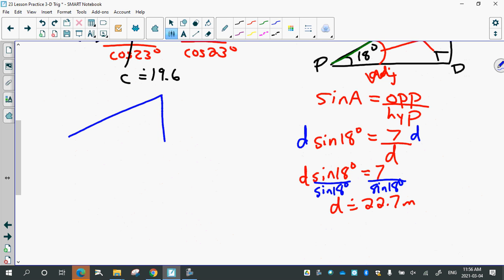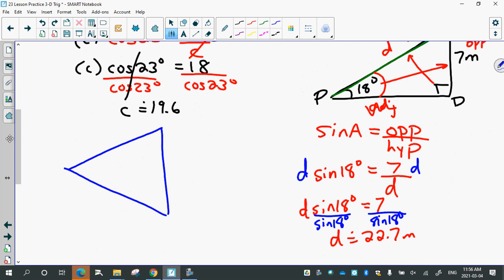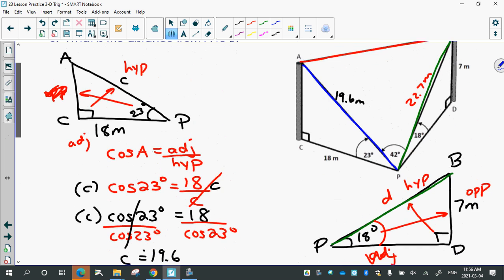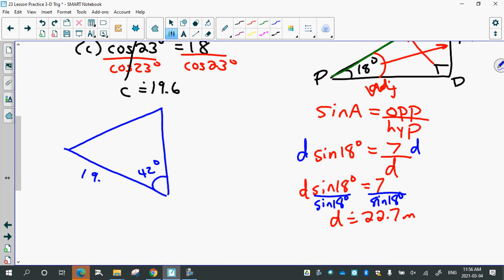So it looks like this, where we know this is 42 degrees. This is 19.6 meters. This side is 22.7 meters. And this is actually what I want to find.